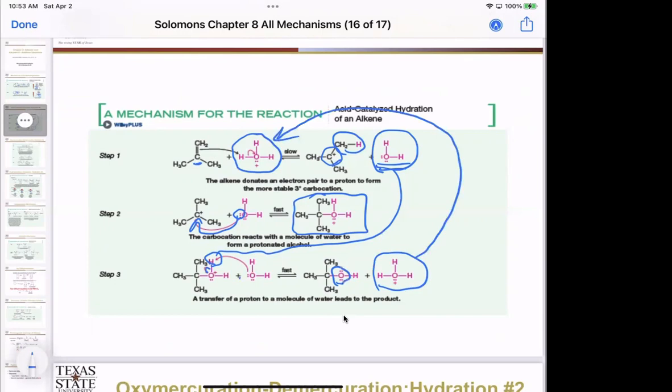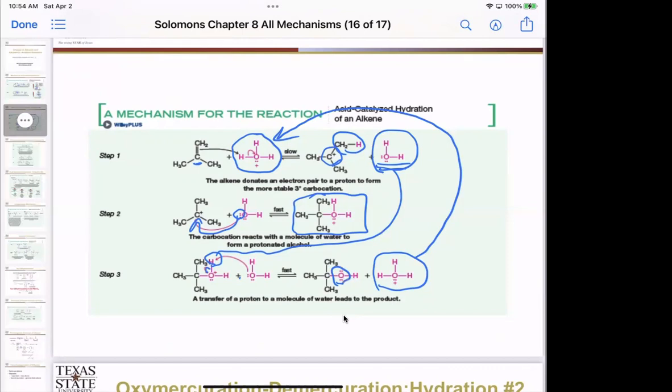So that's why it's a catalytic hydration, because we get to regenerate the catalyst over and over again. The water itself is not good enough to do that, because we would have a nucleophile reacting with a nucleophile. So by having the protonated water, now our alkene is the nucleophile and our protonated water is where we find the electrophile.